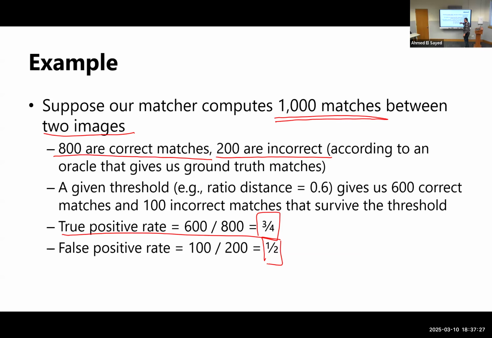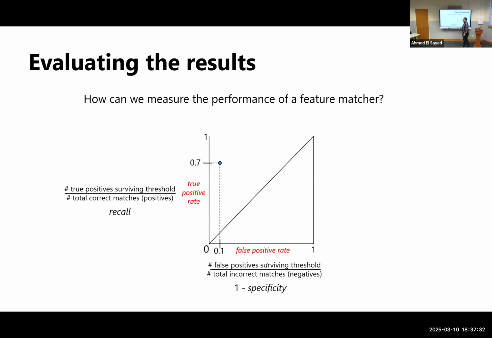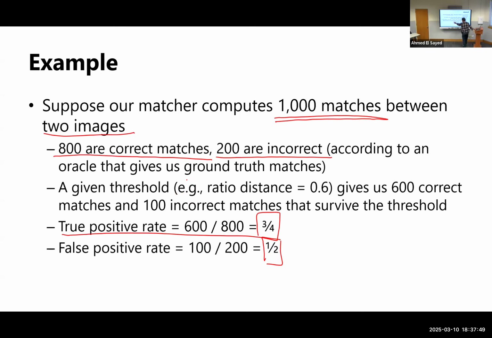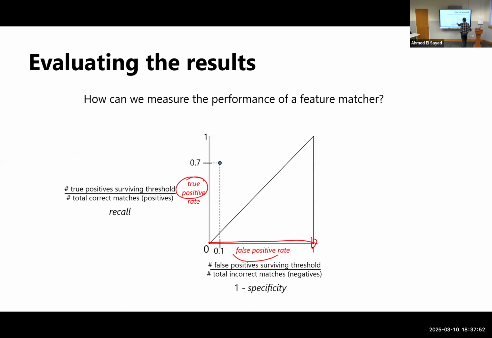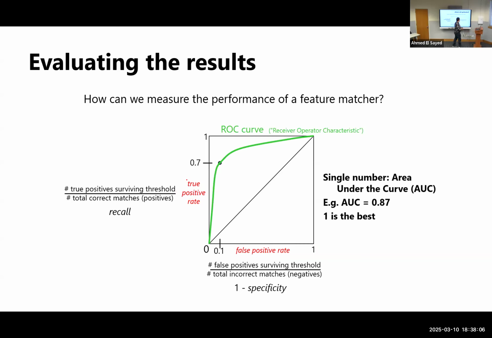I will put those numbers into a chart. The X of the chart is the false positive. The Y of the chart is the true positive. So at this half, the value is 3/4. Then I will change the threshold of the detection.